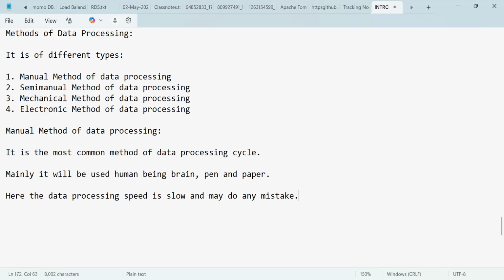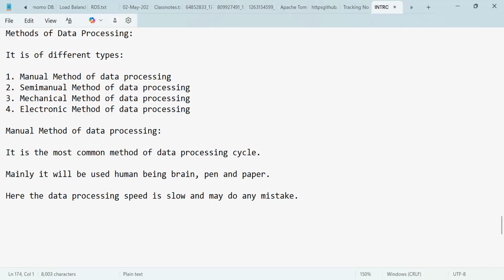Sometimes it will happen wrong, with mistakes. But using a computer or calculator, it will give the correct output. So here the data processing speed is slow and mistakes can happen. That is the manual method of data processing.